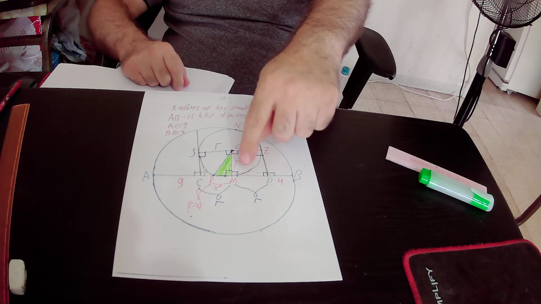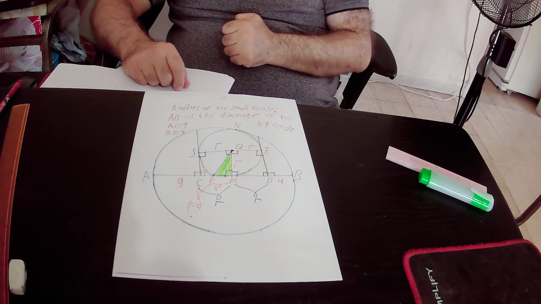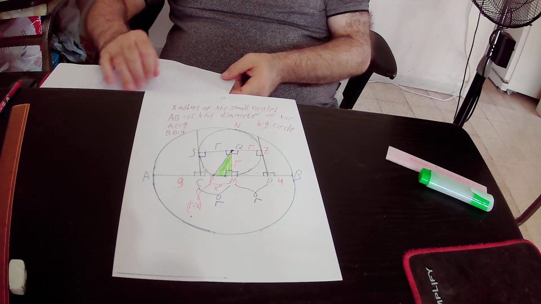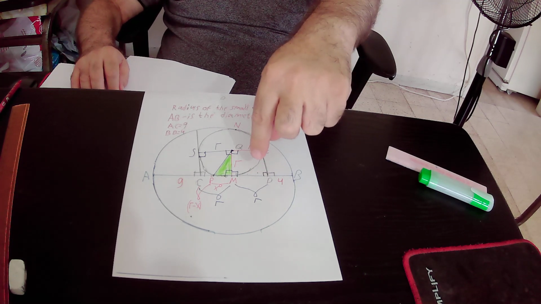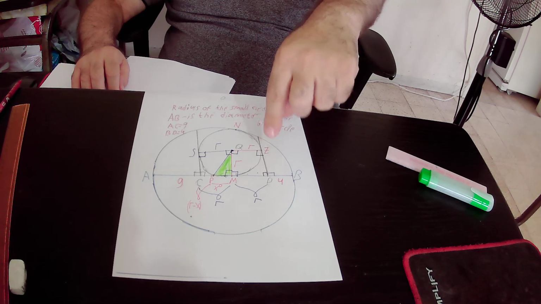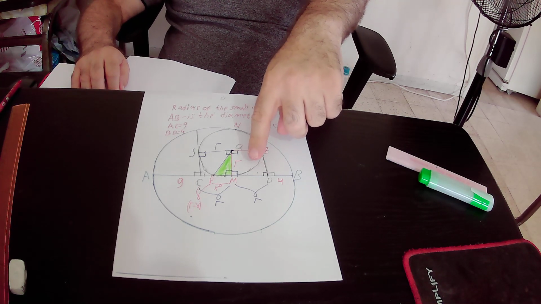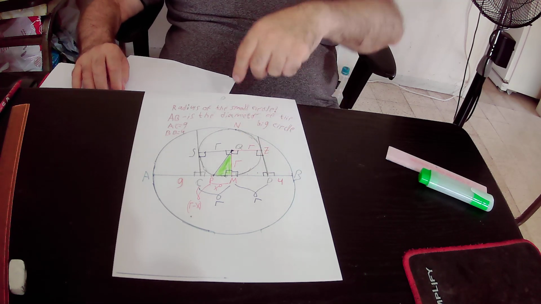So this is a right angle, and this is a right angle according to rule number 1. And actually, this quadrilateral QZMD has 3 right angles, and the sum of those 3 right angles equals 90 degrees times 3, which is 270 degrees.